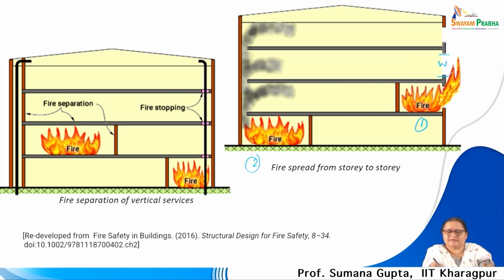So, the fire can spread and get into this. In this case the fire is not leaking, it is a little exaggerated drawing, but if there are gaps, the smoke will first go and give the clue. Though the fire has not moved from one compartment to the other, the smoke is giving the clue that the whole thing is moving vertically.